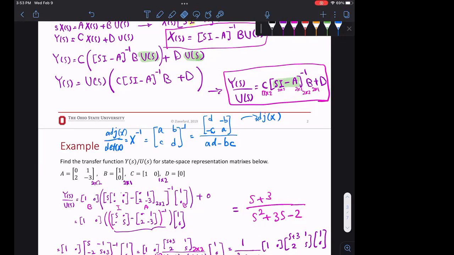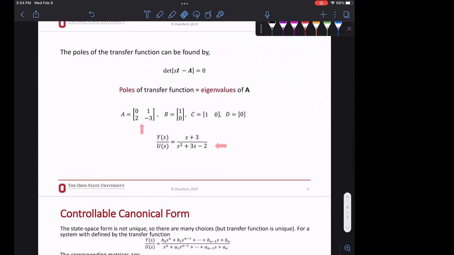So A is the system, poles are the specification of our system. That's why we will use SI minus A to find our poles. Now here we get the determinant and put it equal to 0. This is how we calculate eigenvalues. Bringing bad memories for everyone.